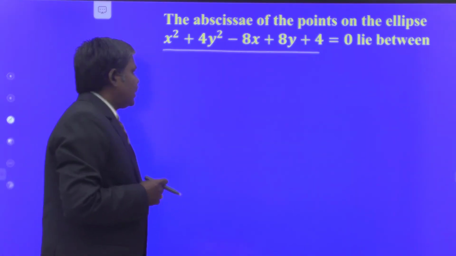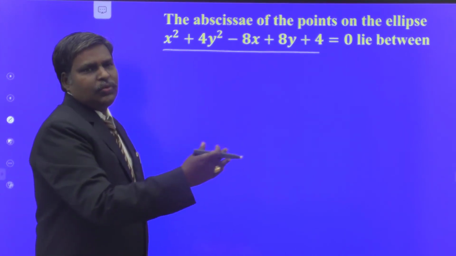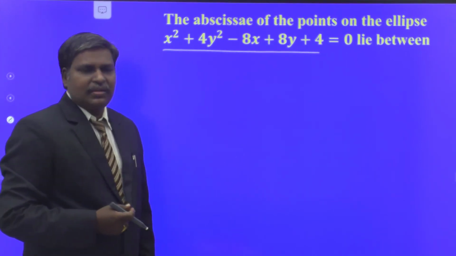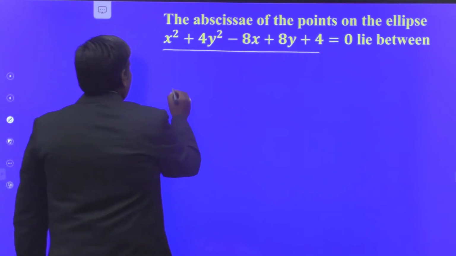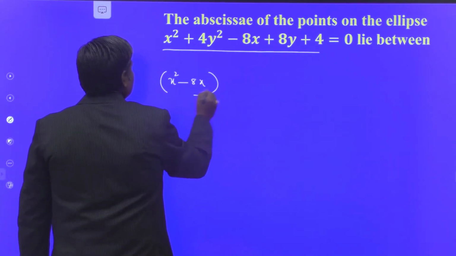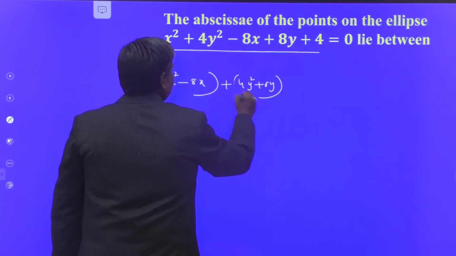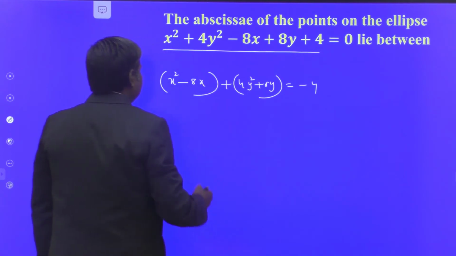To write the range of x, let us convert the equation into the standard form. Then only we can write the range of abscissa. So we write all x terms in one place: x square minus 8x plus 4y square plus 8y is equal to minus 4.